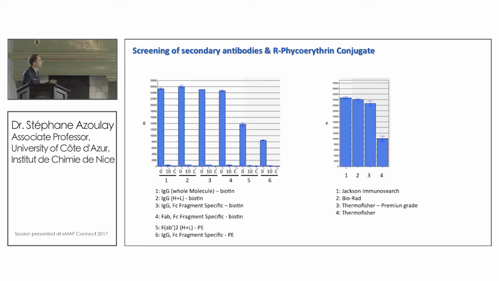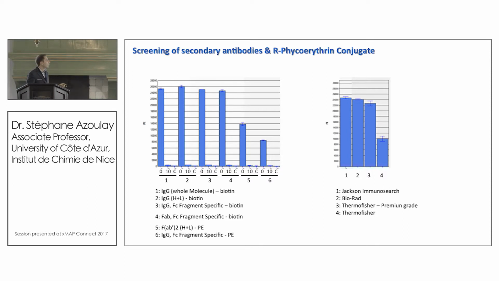Then we also screened secondary antibody and phycoerythrin conjugate from different providers. We would like to reduce our procedure, and as we use a biotin-related secondary antibody, we also tried antibody which was directly labeled with phycoerythrin.